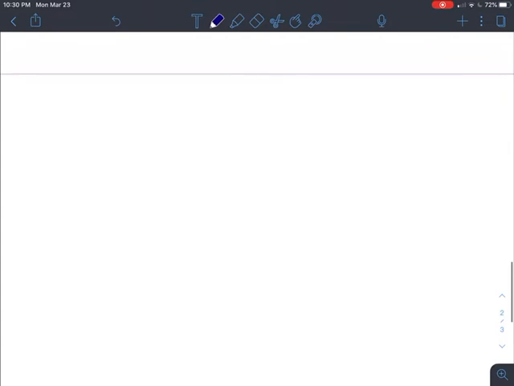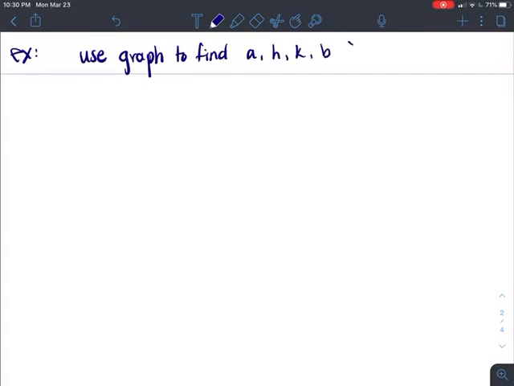So now they're giving us a graph. For this example, they're giving us a graph, and they're saying use the graph to find a, h, k, b, and write g of x.